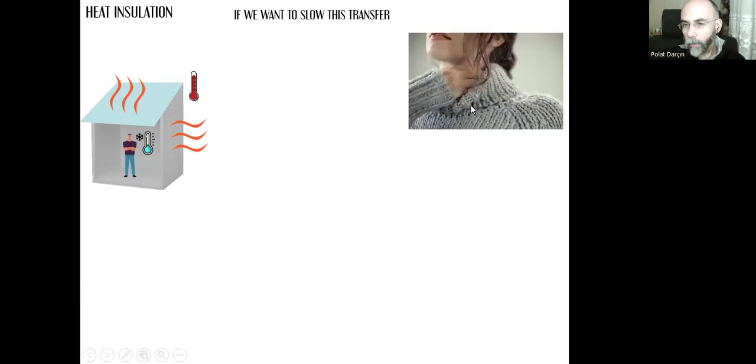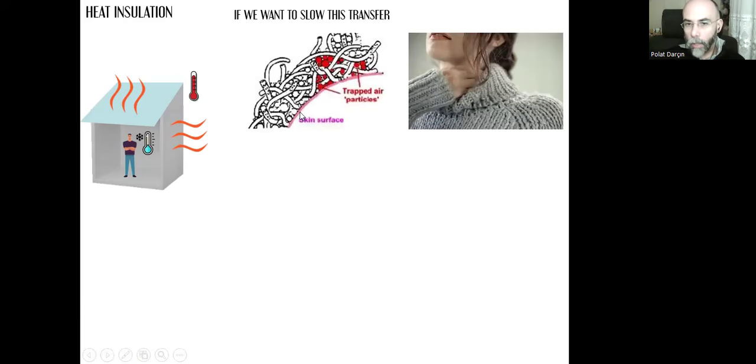That's why we prefer these type of wool jumpers or sweaters during the cold weather, because let's imagine that's the upper surface of our skin, and due to our metabolism, our body produces heat all the time. Without this protective layer of wool, the heat will be transferred so quickly.